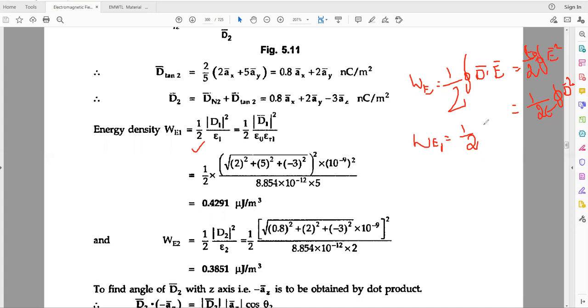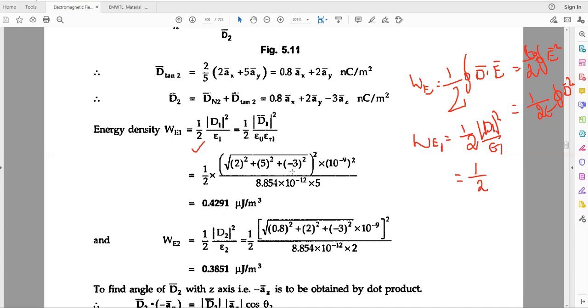WE1 means the magnitude of D1 bar squared, divided by epsilon. That epsilon 1 is nothing but epsilon naught into epsilon r1. So 1 by 2 D1 bar. What is D1? The coefficients of AX, AY and AZ: 2 squared, 5 squared and 3 squared. D2 means 0.8 squared, 2 squared and minus 3 squared, the coefficients of AX, AY and AZ.